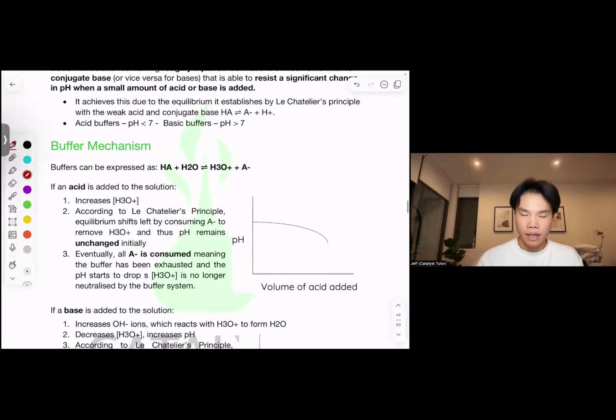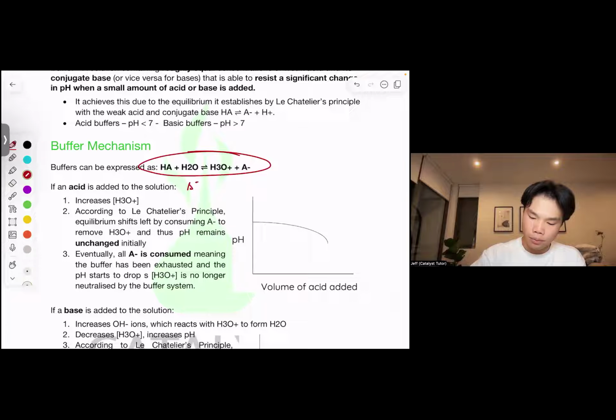So for a buffer mechanism, you have an equation HA plus H2O goes to H3O plus and A minus, and the conjugate base can also react with water. Usually when you write out a buffer, these should all be aqueous: A minus (aq) plus water goes to OH minus (aq) plus HA.